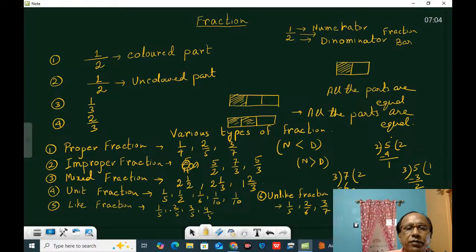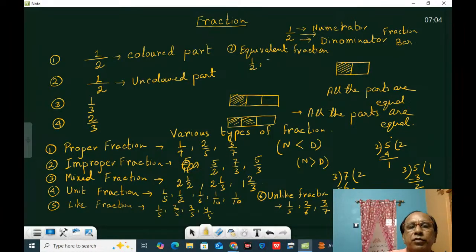There is another important thing, that is equivalent fractions. What are equivalent fractions? Suppose I write 1 by 2. We multiply the numerator and denominator by the same number.